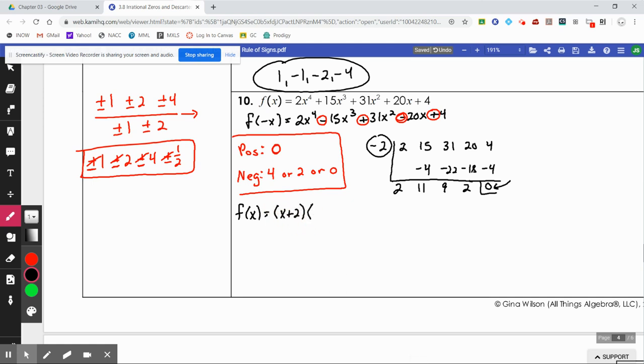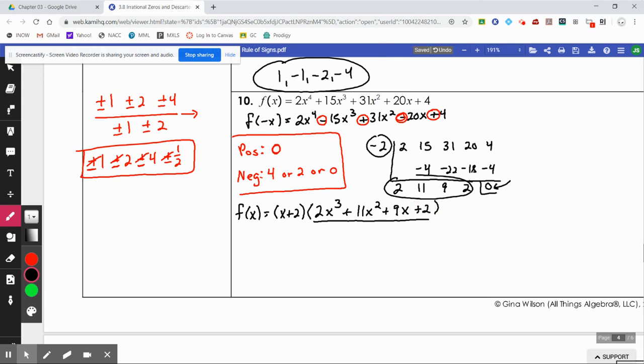times 2x to the third, this stuff, plus 11x to the second, plus 9x plus 2. Now, what I suggest doing is going through and actually revamping my list because now I no longer have a 4 at the end, I have a +2 at the end.